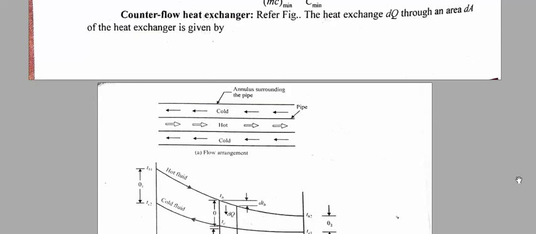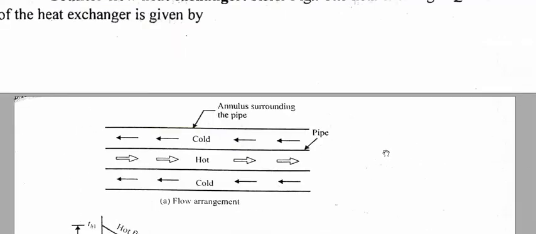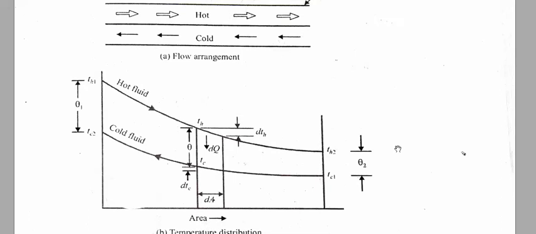The heat exchange dQ through an area dA can be taken as you can see in this figure. In the parallel flow, both fluids have a temperature difference, and the rise in temperature is much higher.